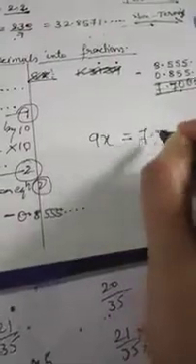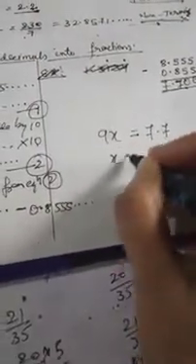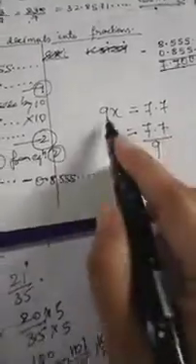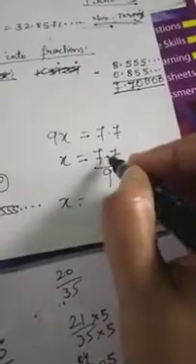9x is equal to 7.7. Next step: if 9x is equal to 7.7 and we have to get the value of x, so this 9 will go in division. So x is equal to, you can remove this decimal.